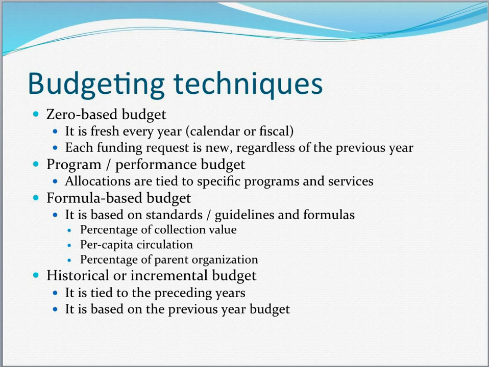Another technique is the historical or incremental budget. Here, the budget is tied to the preceding years. It is based on the previous year budget. So the previous year budget serves as a guideline to decide on the allocations of the new budget.